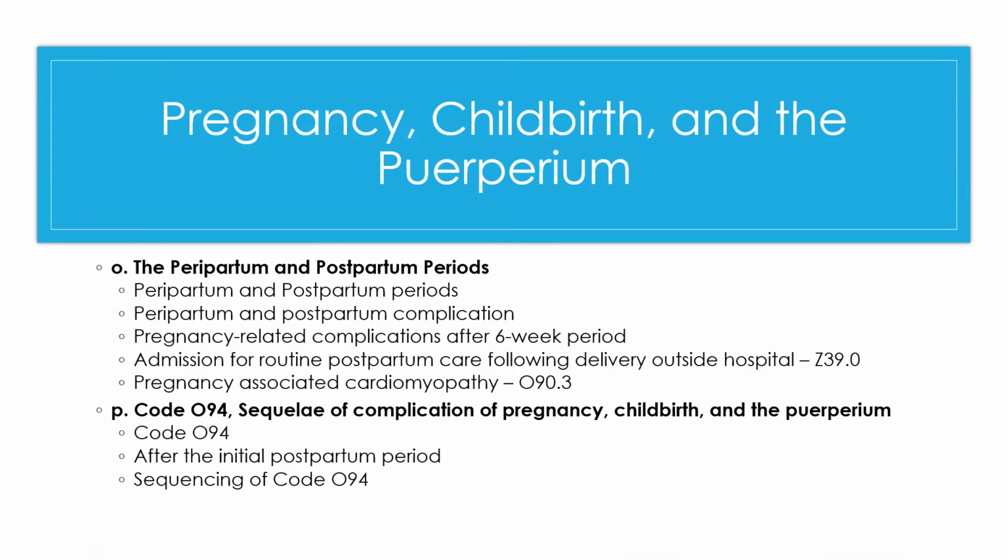For this reason, it is referred to as a peripartum cardiomyopathy. Code O90.3 is only for use when the cardiomyopathy develops as a result of the pregnancy in a patient who did not have pre-existing heart disease.